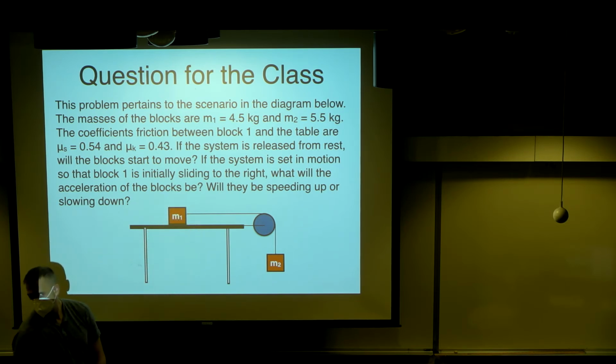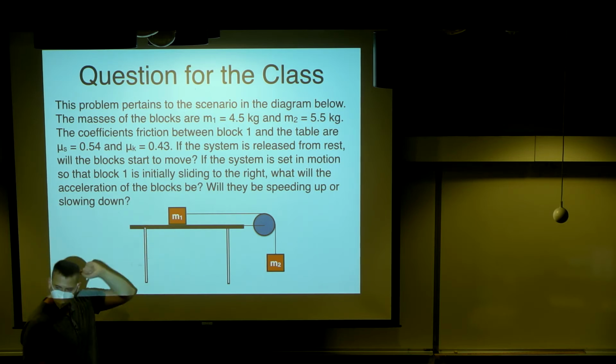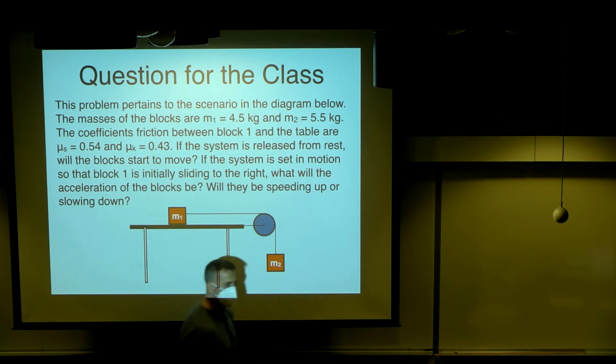What else? Friction. Yeah, that would be opposing the motion like this, right? What else do we have? Weight, right? Yeah, that one's kind of obvious, but we want to say it. So we've got 4 different forces, right?